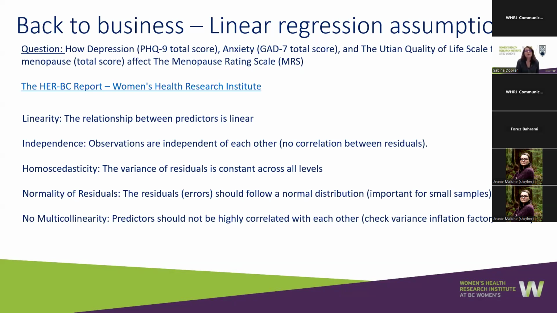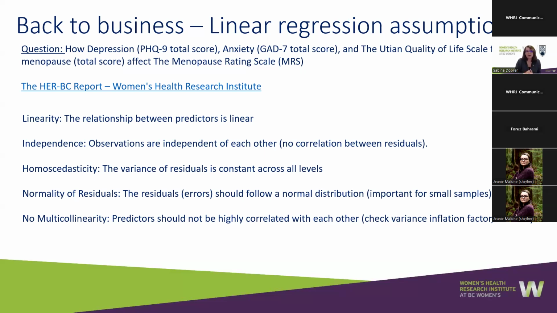Our main question was how depression, its PHQ-9 total score, anxiety, GAD-7 total score, and UTN quality of life for menopause total score affect the menopause rating scale. So there are different scales, and we want to see if depression, anxiety, or menopause quality of life affect the severity of menopause symptoms.